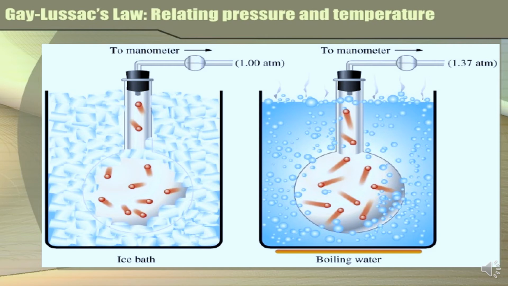On heating, the kinetic energy of the gaseous particles increases, and the particles start moving faster, so they will collide at high speed, and they will also collide with the walls of the container with very high speed. When collisions are faster, obviously a higher force will be exerted on the walls of the container. That increases the pressure of the gas.